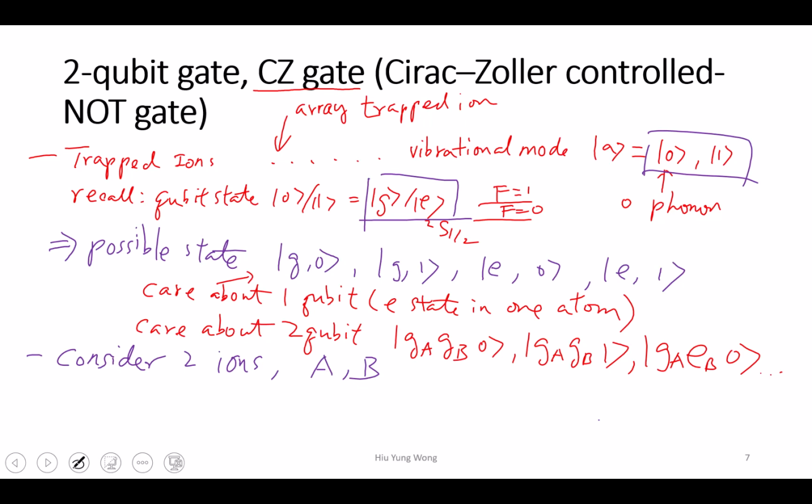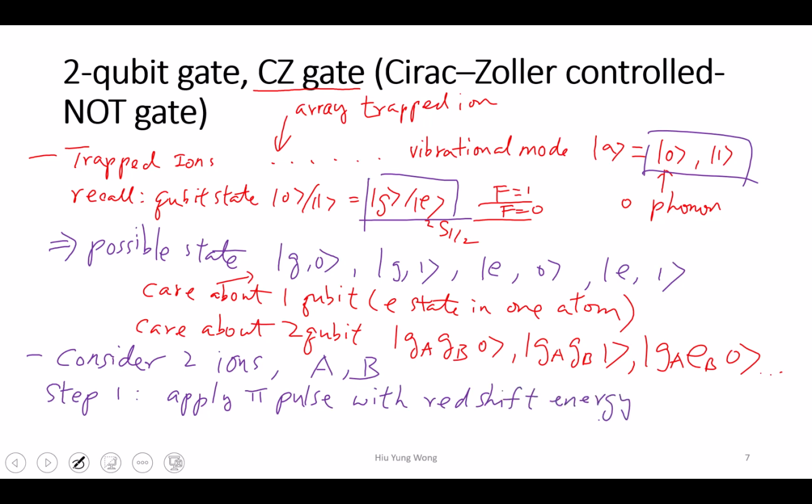So let's start with this. And this one you need to take it for granted. So we are going to step 1, okay? We will apply a pi pulse, okay, with so-called redshift energy. What does it mean by redshift?